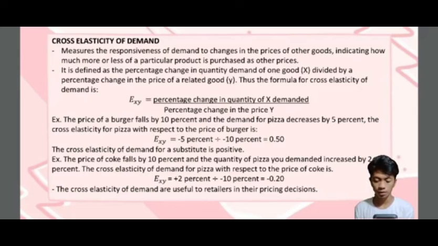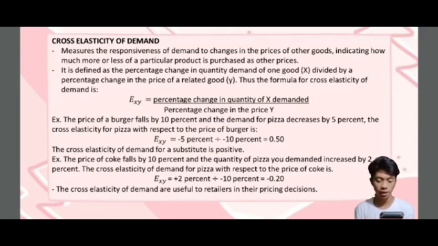Another example, the price of Coke falls by 10% and the quantity of pizza demanded is increased by 2%. The cross elasticity of demand for pizza with respect to the price of Coke is positive 2% because demand increases by 2%, so positive 2 divided by negative 10% equals, the result is negative 0.20.